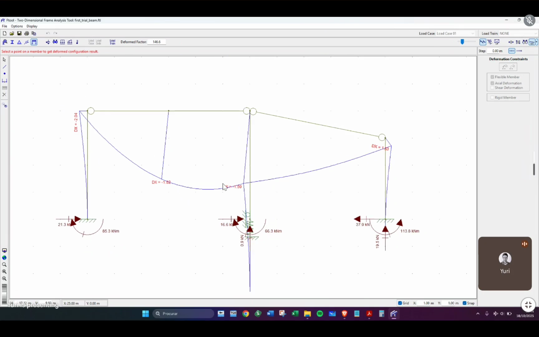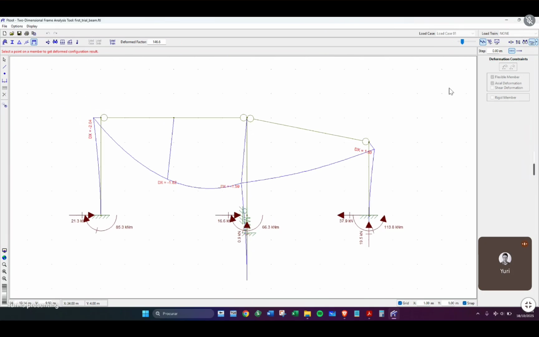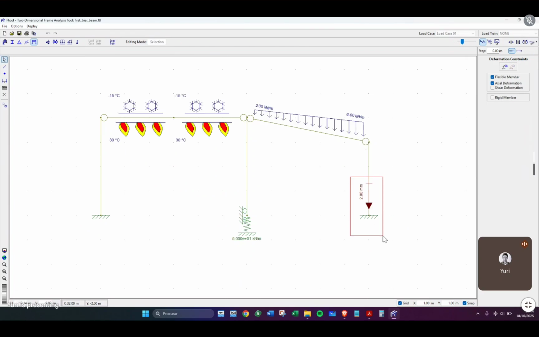All right, and the spring here, you had more deformation. You have around 18. So interesting, huh? Because you remove the rigid frame, the whole deformation of the structure was increased. All right, very interesting, huh? Also, let's remove these supporting conditions.